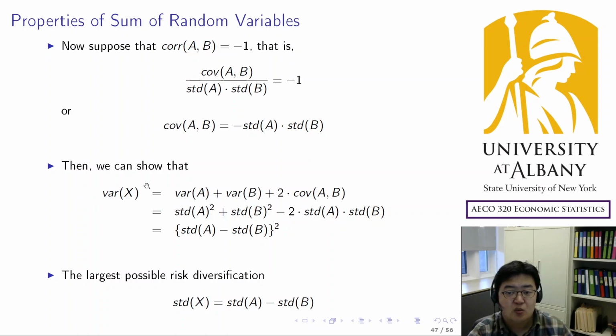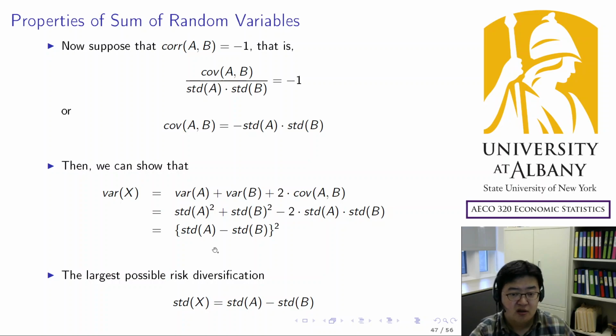Using this formula, when the correlation is perfectly -1, the covariance is minus the multiplication of standard deviations. So replace covariance with minus the standard deviation multiplication. Then remember, a squared plus b squared minus 2ab is the expansion of a minus b squared.